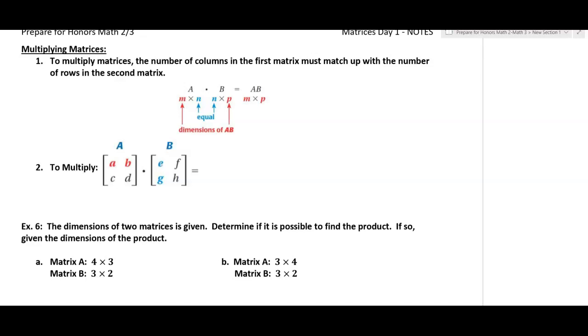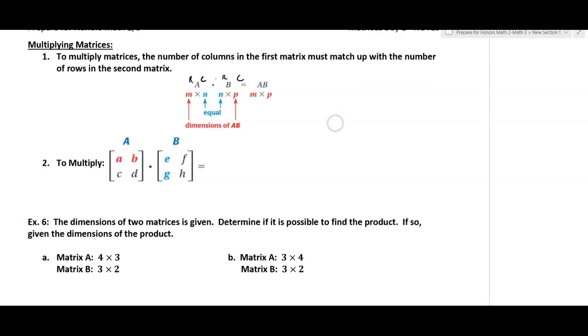So again, we have rows by columns. If that can't happen, you cannot multiply these matrices.